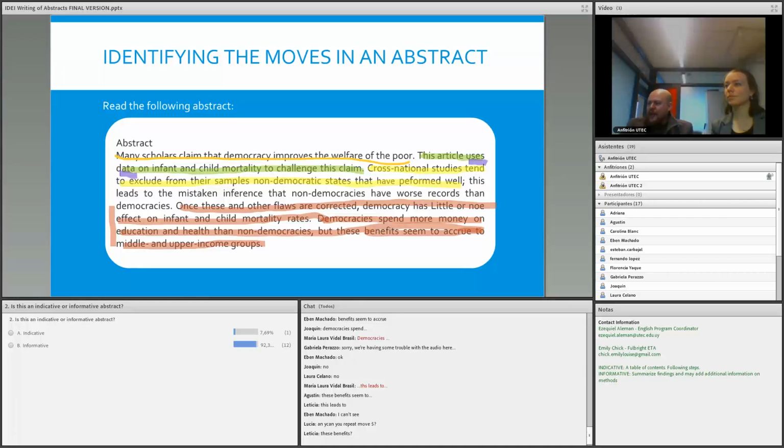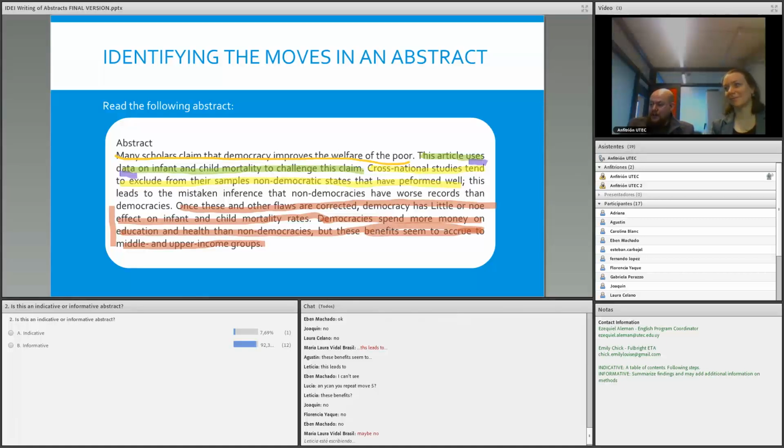So would you say there's a move 5 here? You can type yes or no. Yeah, maybe not.